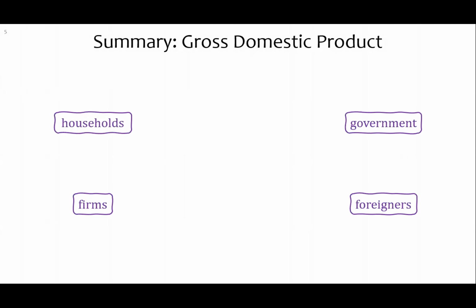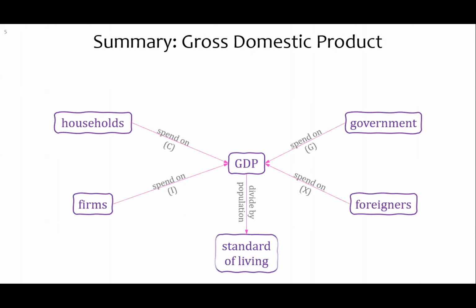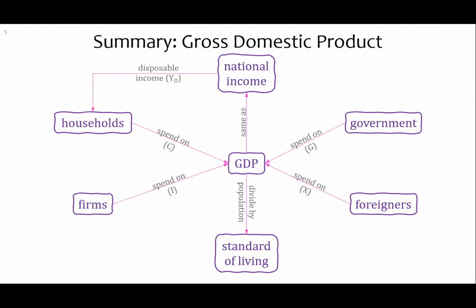So today we talked about the four sectors: household, firms, foreigners, and government, which all spend on GDP. That's the aggregate expenditure. If you divide it by the population, you get the standard of living, and the GDP is the same as the national income. After taxes, it becomes disposable income for households, and the taxes itself becomes the government revenue, right?